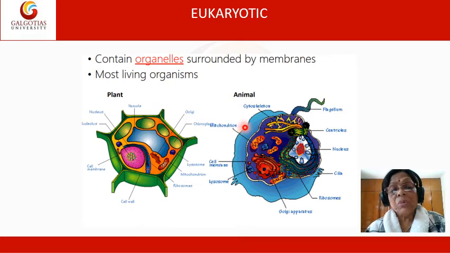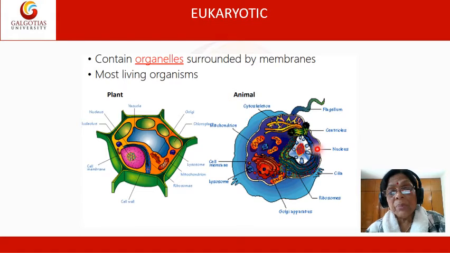Now let us come to the animal cell. This is the animal cell. Here is the flagella, which can beat or move. Now this is the lysosome, Golgi apparatus. This is the mitochondria.